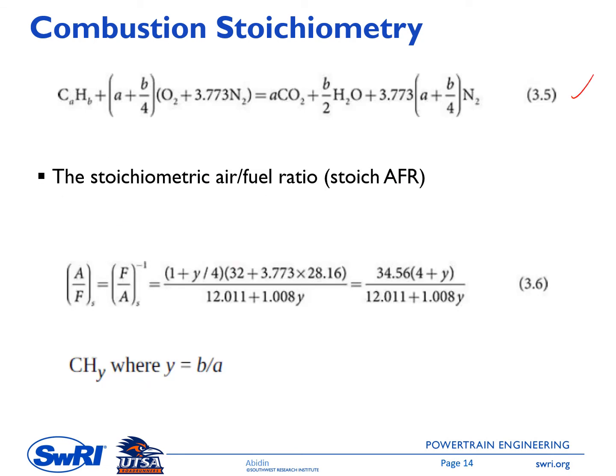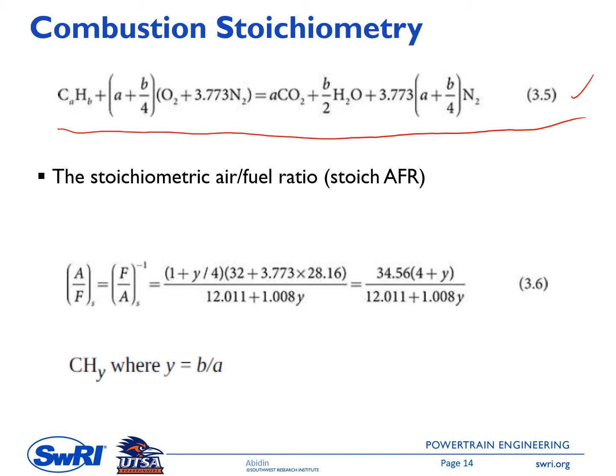And I put again equation 3.5 at the top here. Using this equation 3.5, we can calculate the ratio of air to fuel. And because this is a stoichiometric reaction, the ratio is also called the stoichiometric air-fuel ratio. This is the mass ratio.